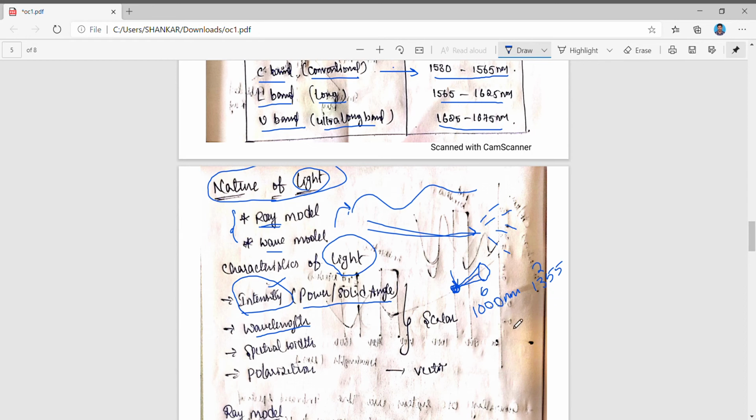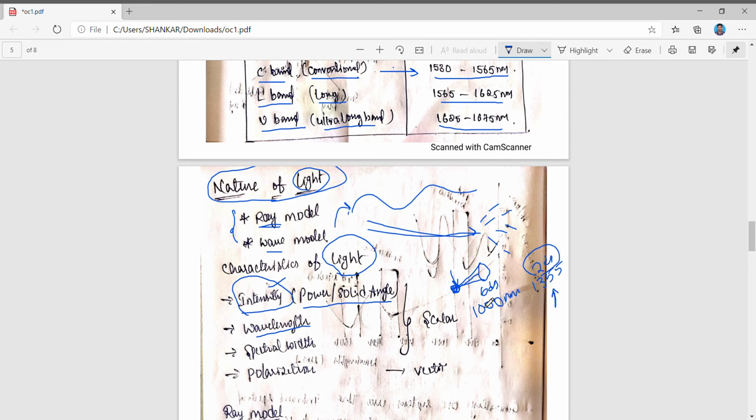Which one has less loss? Here 6 dB is the higher loss as compared to 2 dB. So based upon the attenuation or information loss, we have to choose the particular wavelength. We have to choose one wavelength for a transmission. That completely depends upon the losses or performance of a system in terms of attenuation losses.